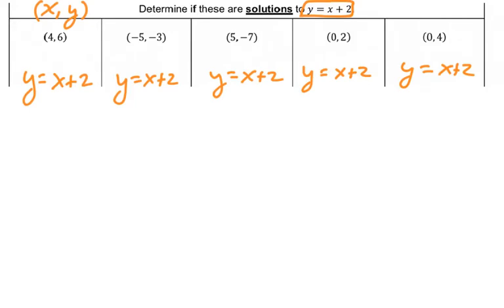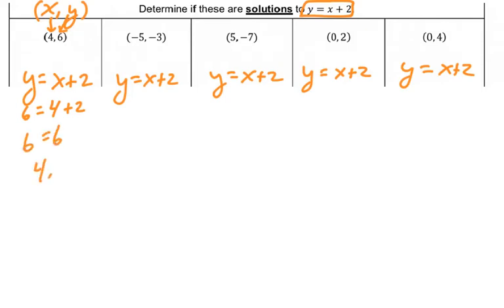So if we're testing to see if it's a solution, we're just going to substitute the appropriate one. So 4 is the x value, so it's going to go in for x. And then 6 is going to go in for y, and we're going to see if it makes it true. So all I did was substitute 4 in for x, 6 in for y, and see, simplifying down, it does make it true.